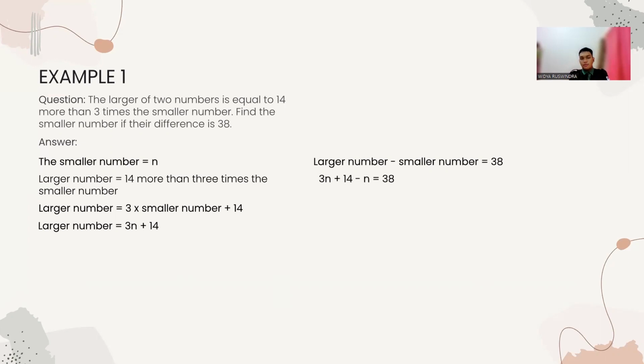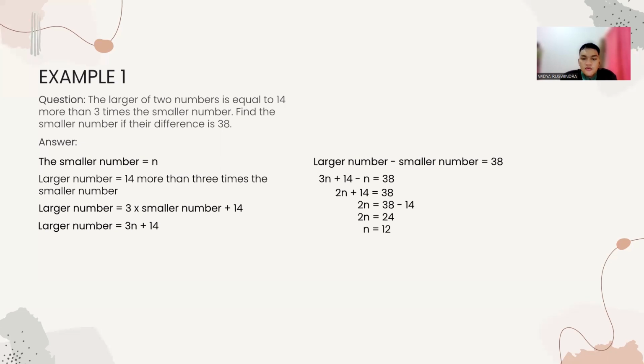And we know from before that the larger number is 3n plus 14 and the smaller number is n. So the larger number minus the smaller number is 3n plus 14 minus n equals 38. And 3n minus n, we get 2n plus 14 equals 38.